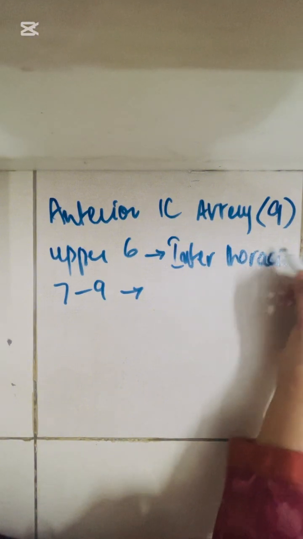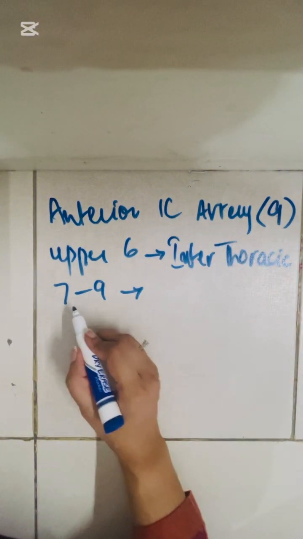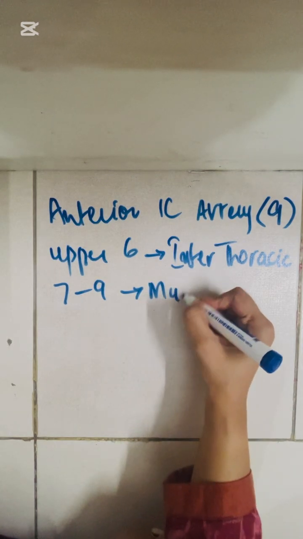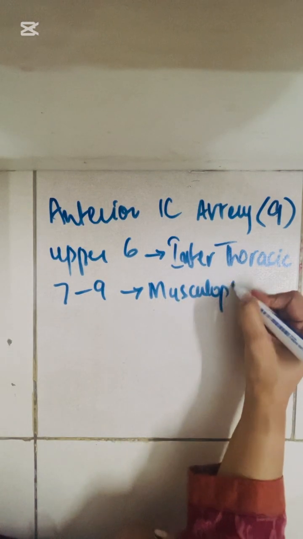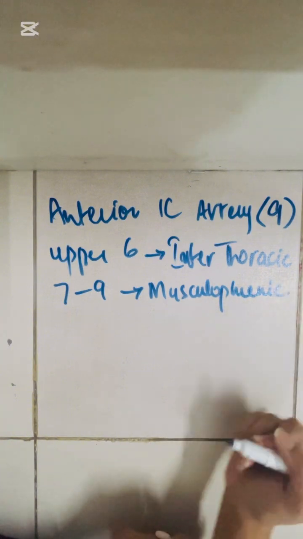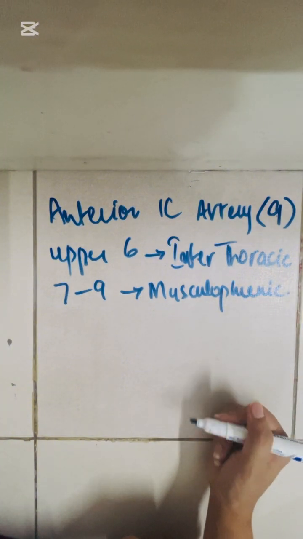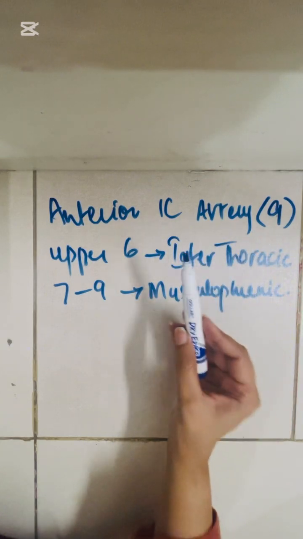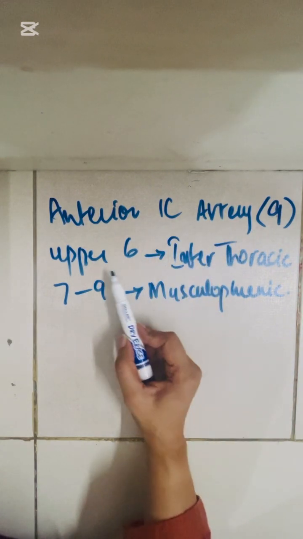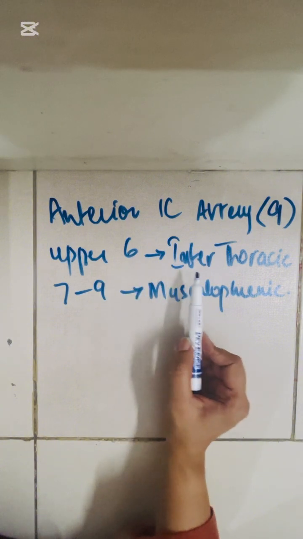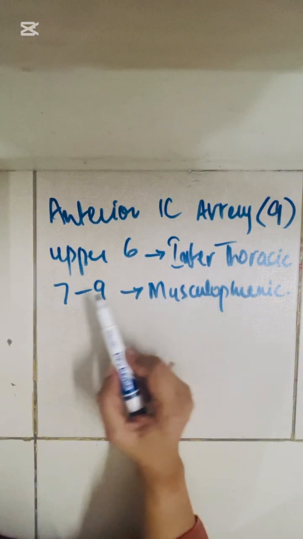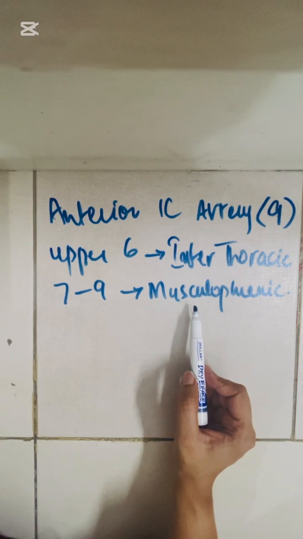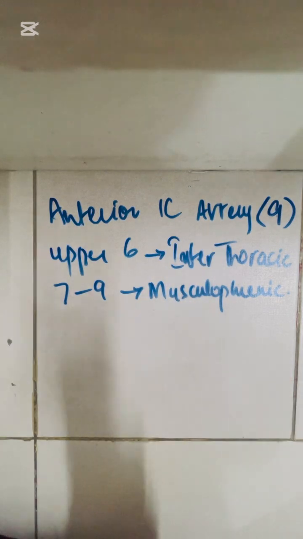And in spaces 7, 8 and 9, the anterior intercostal arteries are coming from the musculophrenic artery. So anteriorly we have 9 intercostal spaces, each having 2 anterior intercostal arteries. In the upper 6 spaces, they come from the internal thoracic artery, and in the 7th to 9th spaces, the musculophrenic artery gives the anterior intercostal arteries.